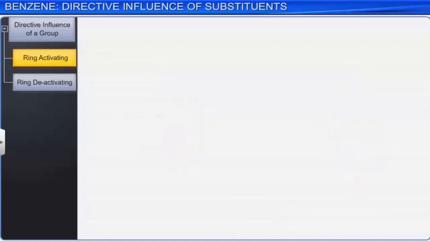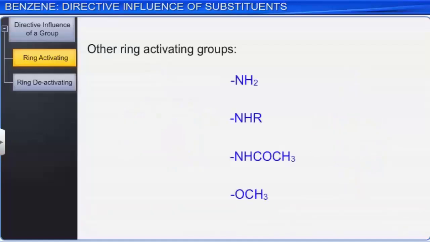Other ring-activating groups include NH2, NHR, NHCOCH3, OCH3. Ortho and para directing groups facilitate electrophilic substitution by increasing electron density on the benzene ring and are called ring-activating groups.